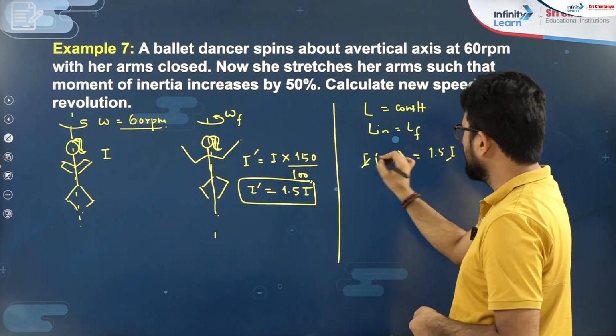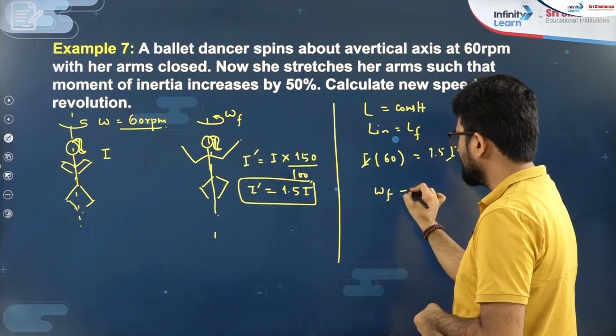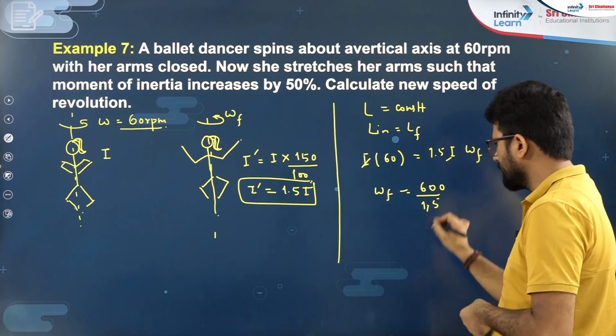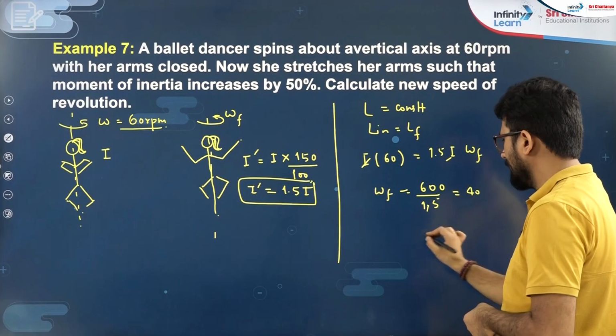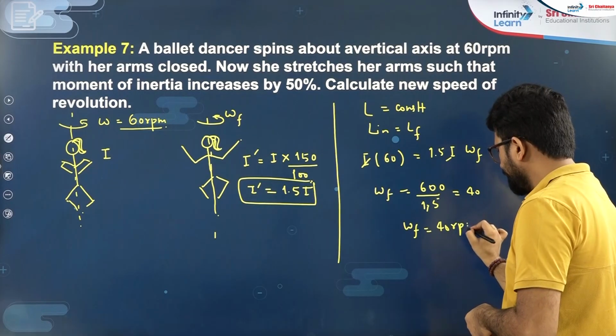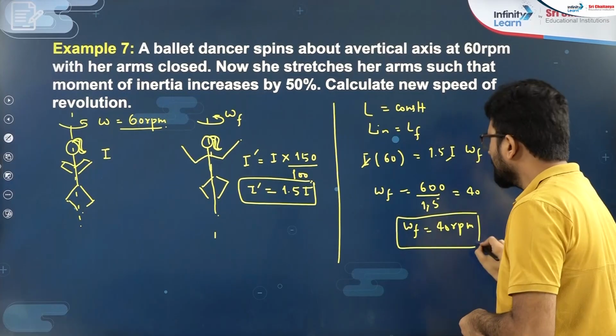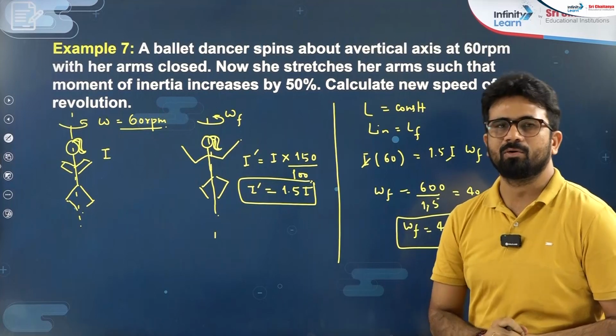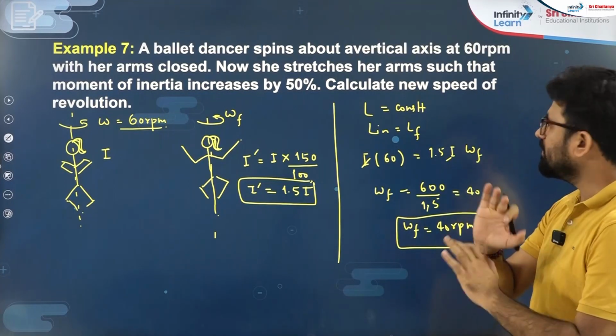I can be removed, and omega final is 60 divided by 1.5, which is equal to 40. That means the final angular velocity would be 40 rpm. So what we understand from here is, if I increases, omega will decrease. That is a very basic concept.